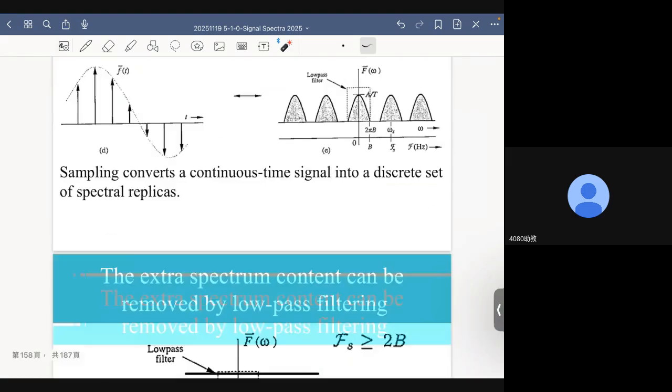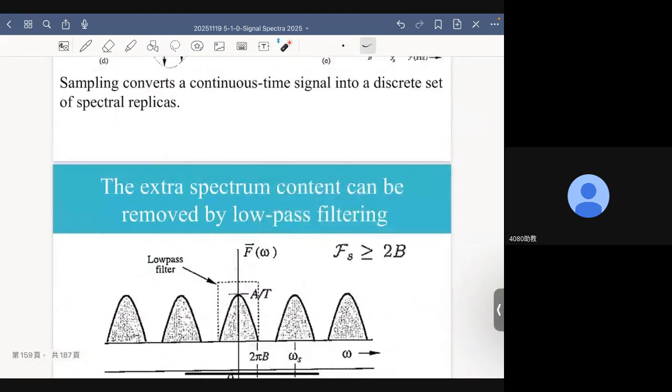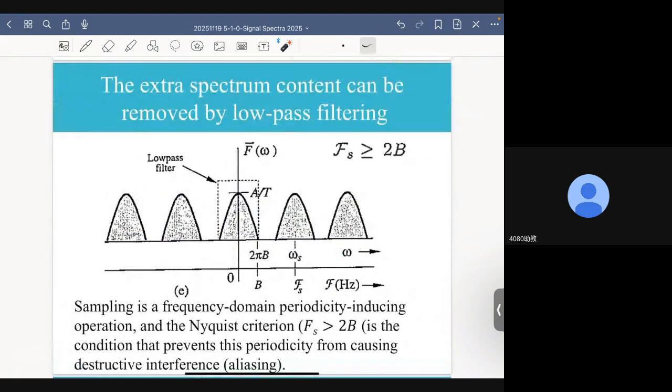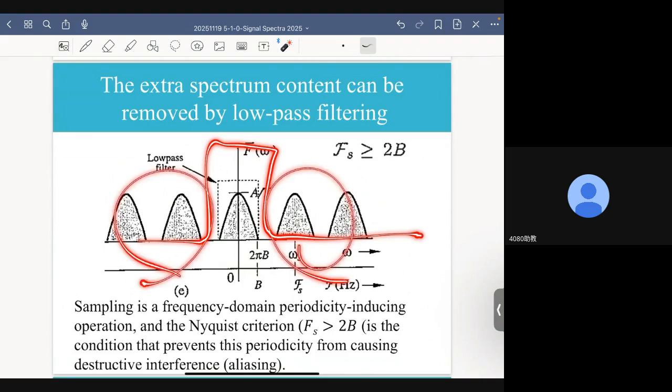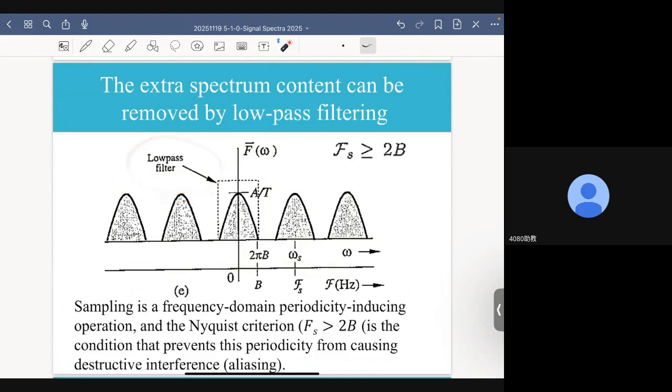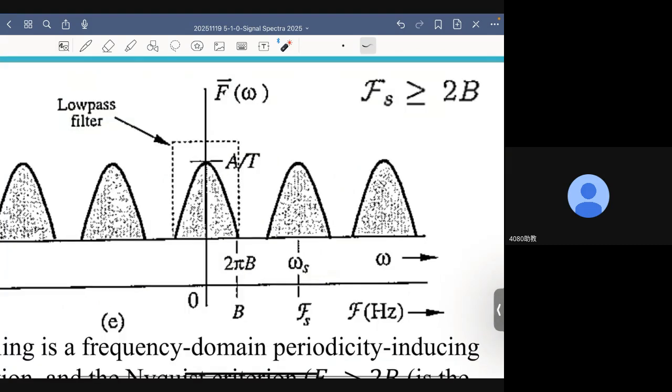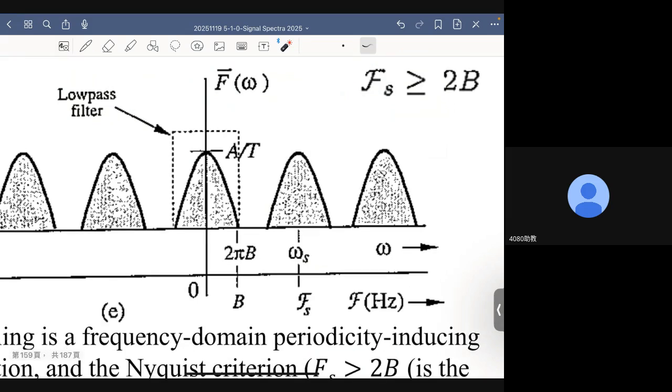Okay, remember that what we need to do is first preserve the original spectrum of the signal and then remove the redundant part of these spectrum components by using a low pass filter. This is only feasible when what?